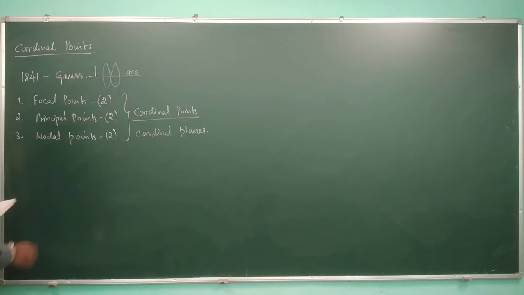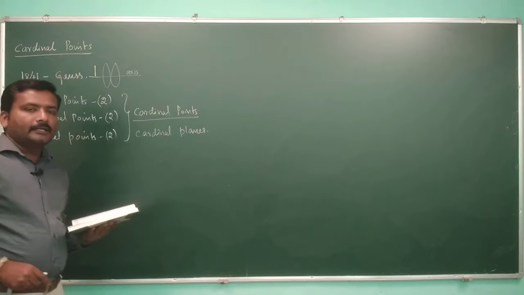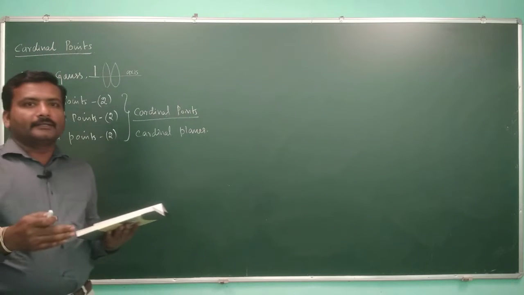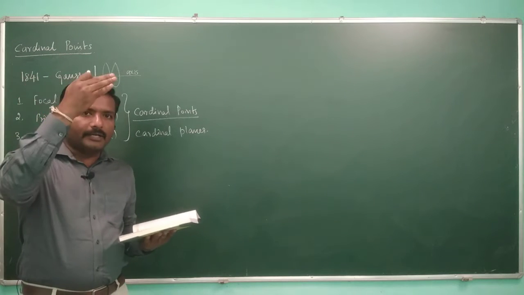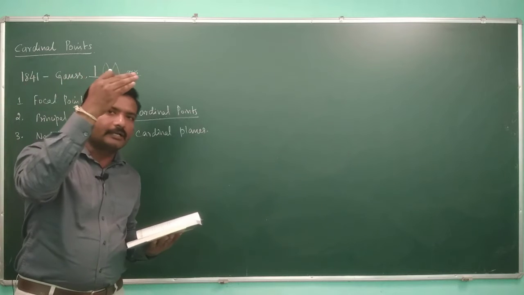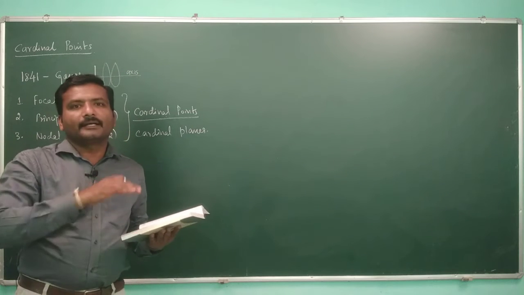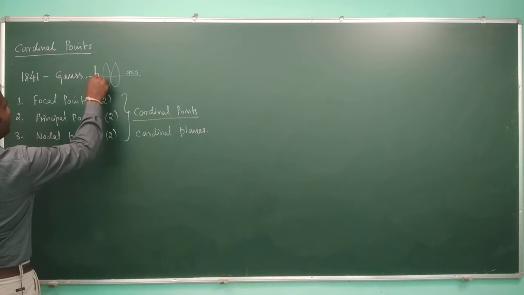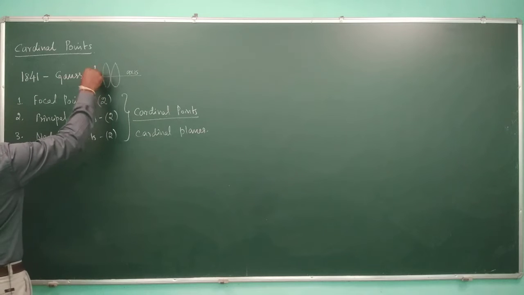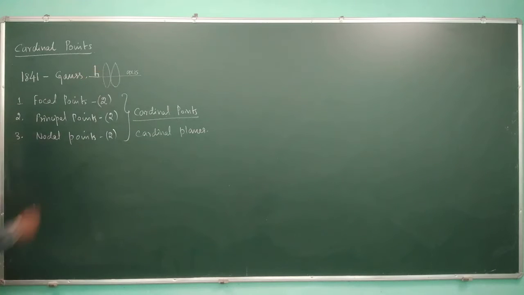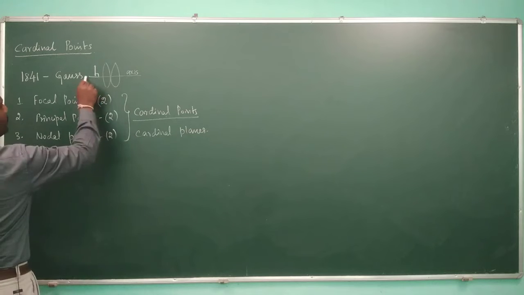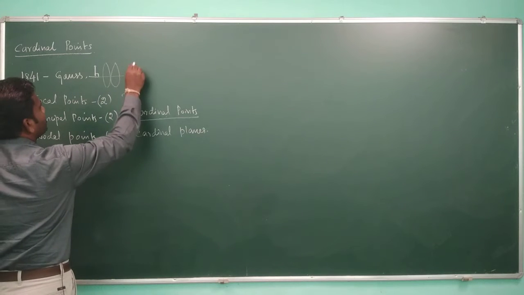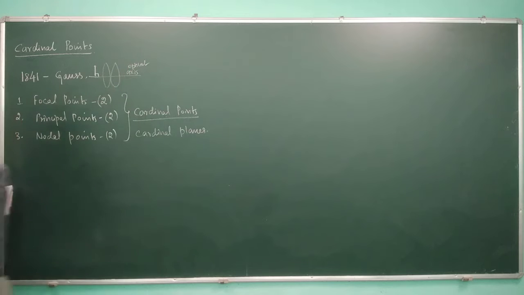So cardinal planes are defined by drawing a perpendicular line from the particular cardinal point towards the optical axis. The angle between the optical axis and this line is 90 degrees, so cardinal planes are always perpendicular to the optical axis.